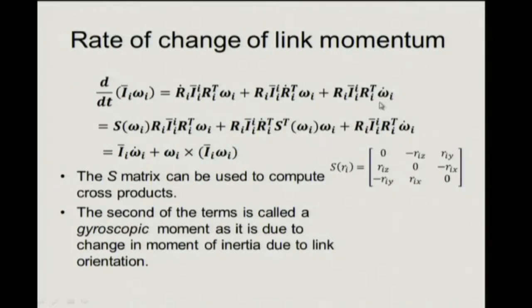Now there is this convenient way of dealing with cross products, okay, which is through this matrix, right. Are you familiar with this matrix operation? Let us look at the terms in this. If I have this matrix multiplying a vector, then on the first row I will get this.